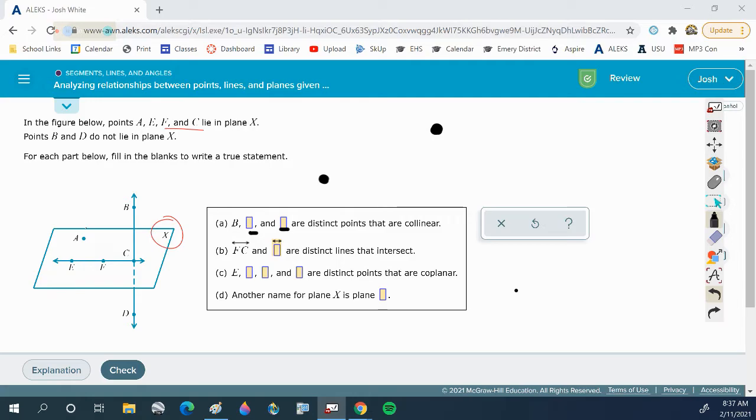Okay? How many planes hit those points? An infinite number. Let's see if I can make sense of it. So this piece of... Oh, I deleted it. That piece of paper hits the plane, right? Or hits those lines. But so does this one. And so does this one. And so does this one.